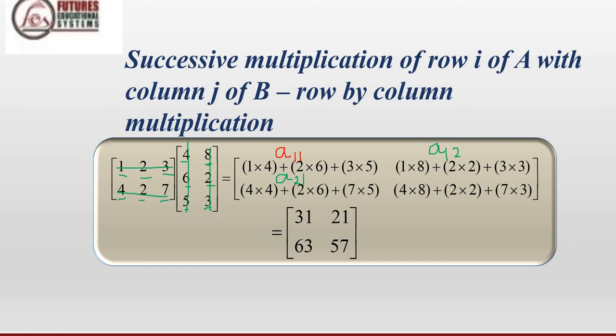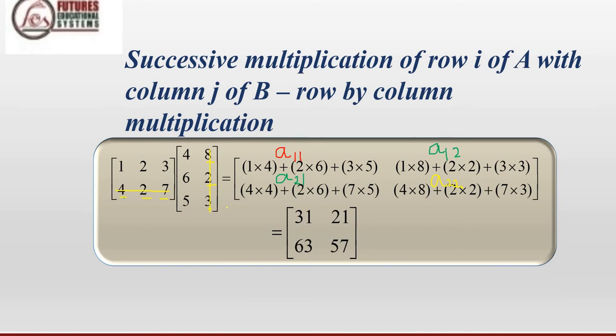The last one, multiply the second row by the second column: 4 by 8 plus 2 by 2 plus 7 by 3. This gives me a 2,2, meaning the second row and the second column.